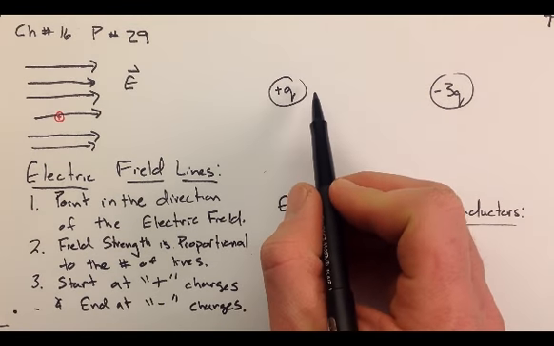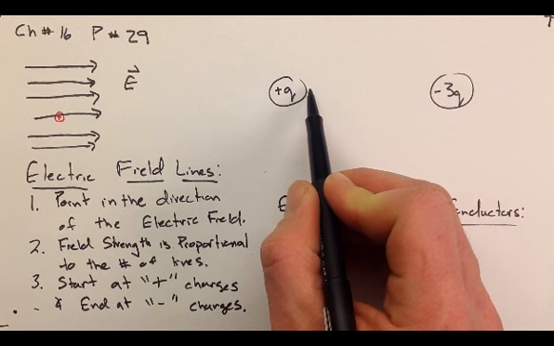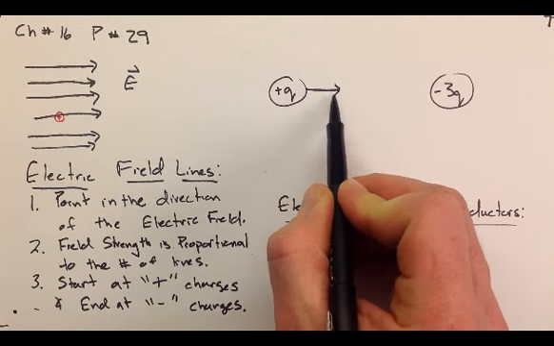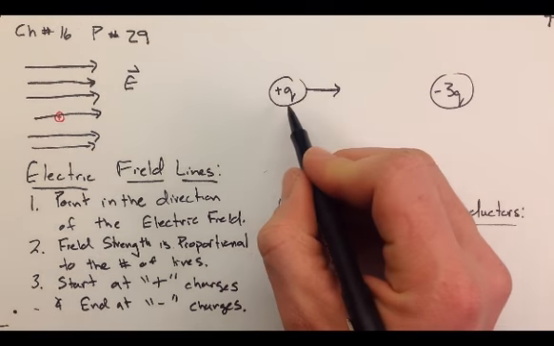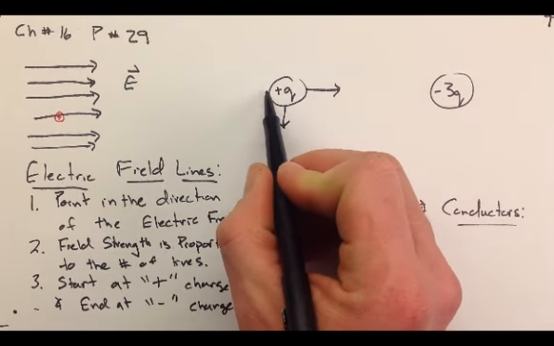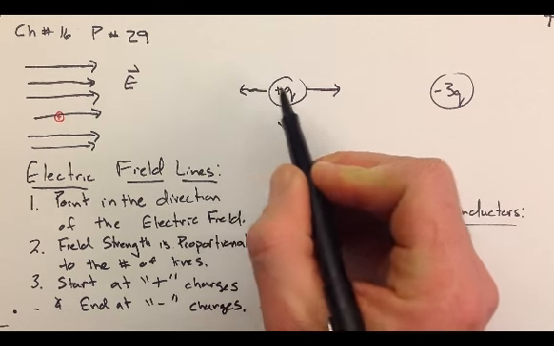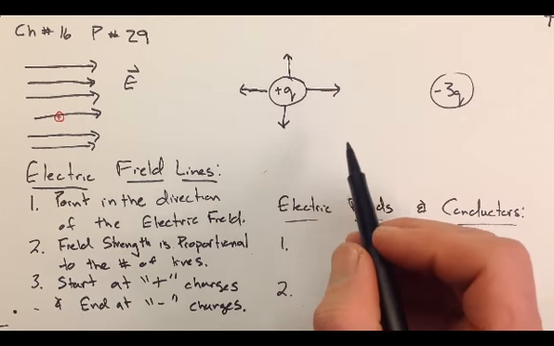So I'm going to start out: if I had a little positive test charge right here, what direction would it go? It would go that way, right? So electric field lines point away from positive charges. You might say that they originate at positive charges.